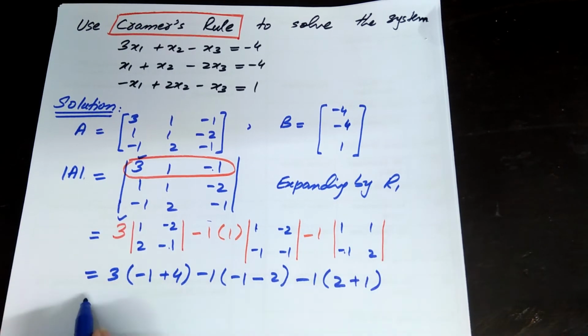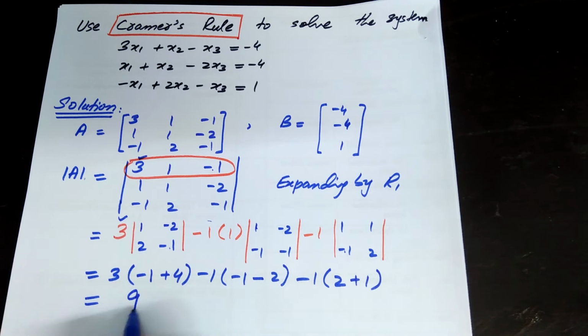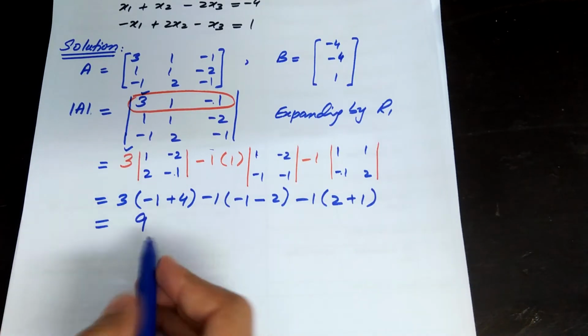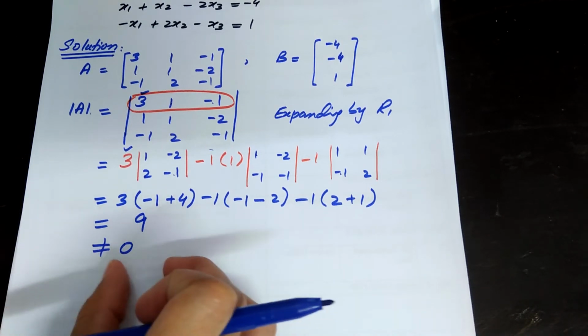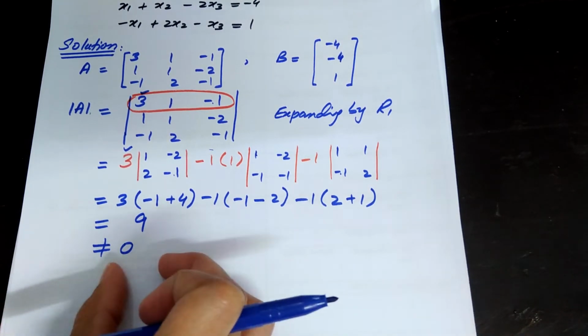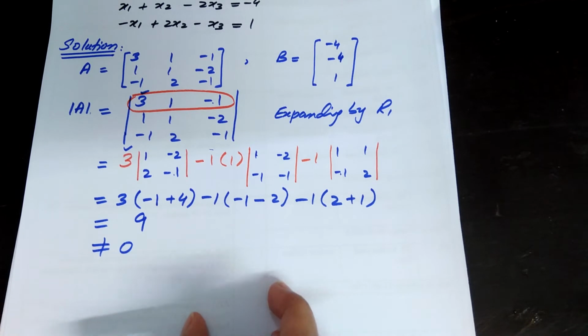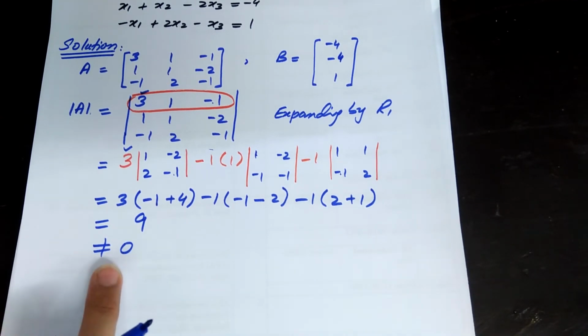So it will be this. After evaluating it, you will get 9 here. If you observe, this is not equal to 0, so it means you can proceed further. If your determinant becomes equal to 0, then you will stop here by saying that your A matrix is singular, so you cannot find the solution. Now it is not singular, it is not equal to 0, so you will proceed further.